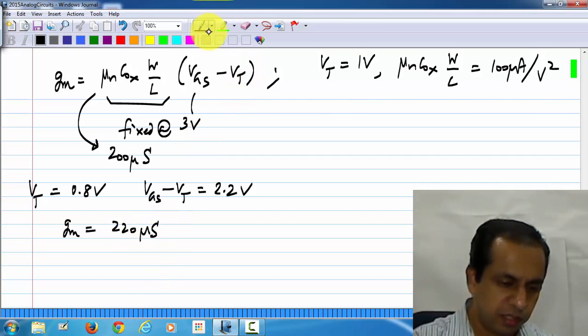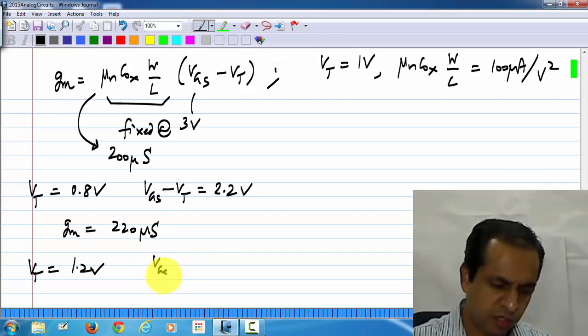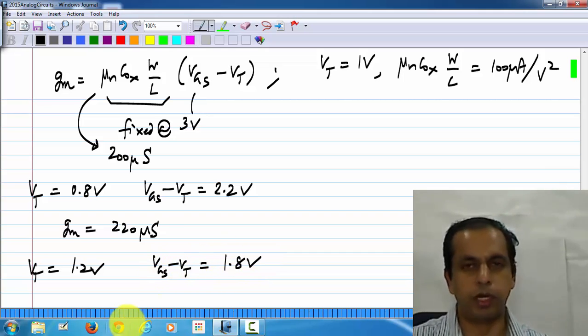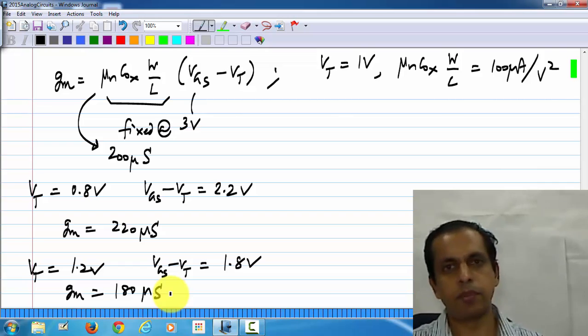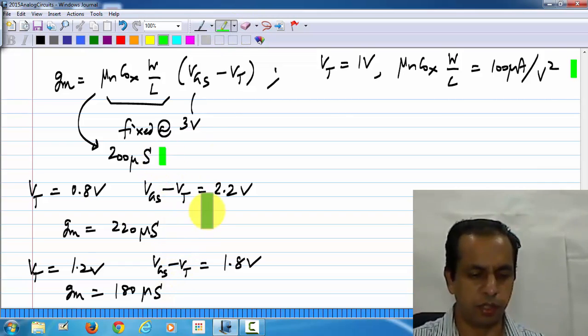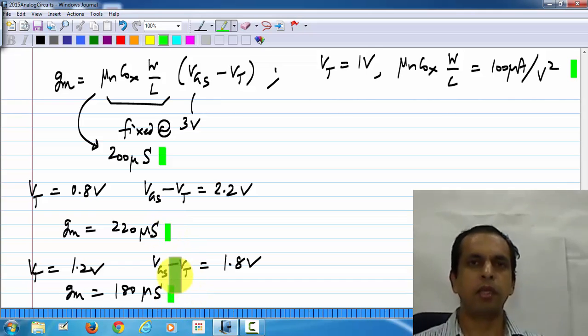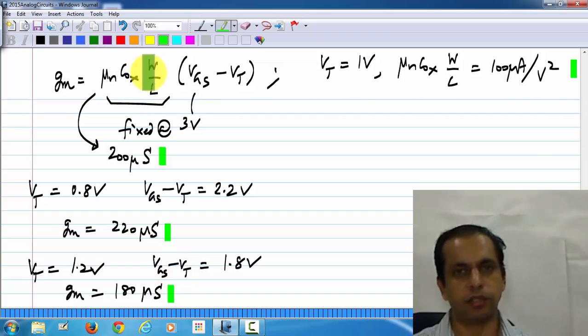And similarly, if VT is 1.2 volts, VGS minus VT is smaller than what is required, it's 1.8 volts, and GM will be 180 microsiemens. So you can see that instead of 200, we are getting either 220 or 180 or some value in between. Now we have not even taken into account the variations in mu n and Cox.